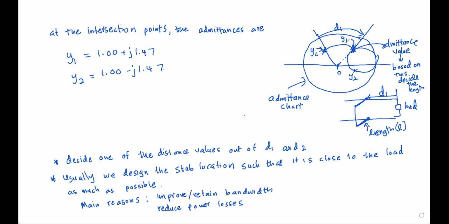So this place's admittance value and the second intersecting point's admittance value we can find by taking the value of the intersecting point in the Smith chart. Okay, so can you find the values of the intersecting points?